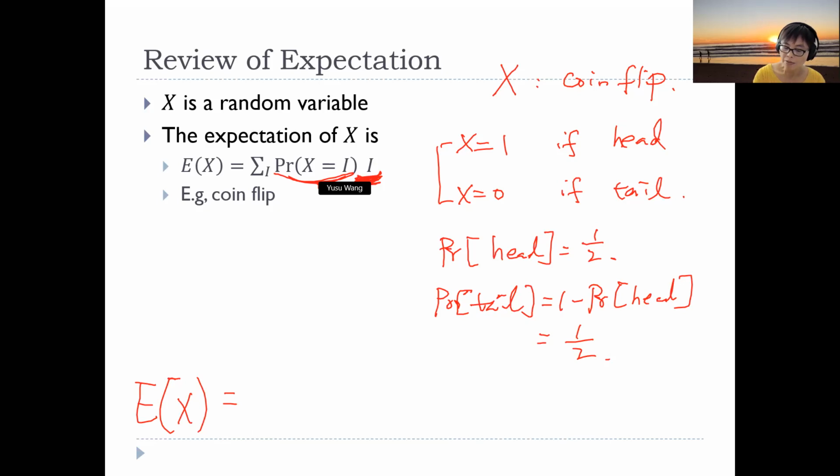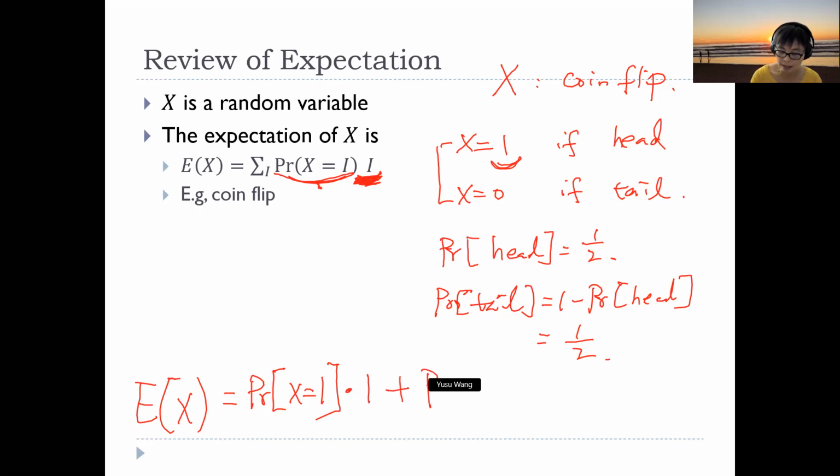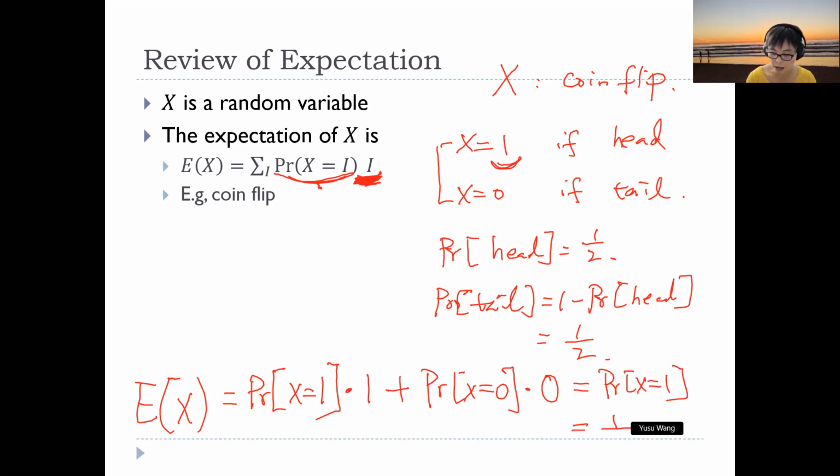In this case, the value of X can be 1 or 0. The first case is X is 1, namely it's a head, with its probability times the value of X, which is 1, plus the second case where X is 0, multiplied by the value of X in that case, which happens to be 0. That's why this term disappears. So what we get is simply the probability of X equal to 1, which is 1/2. So the expected value of X is 1/2, because half of the chance it can be 1, half of the chance it can be 0. Expectation is 1/2.